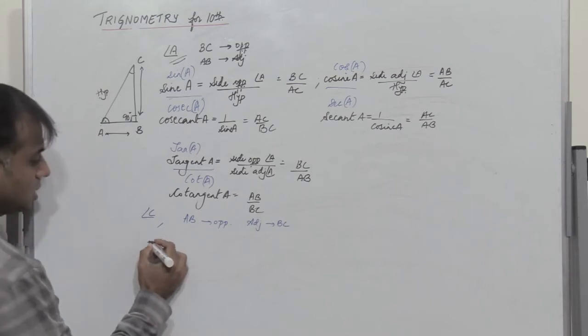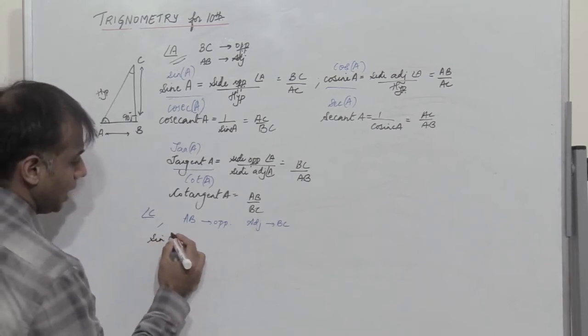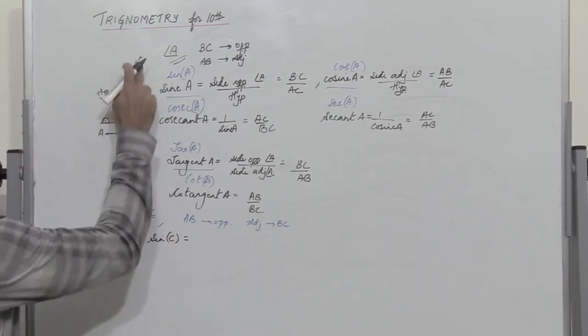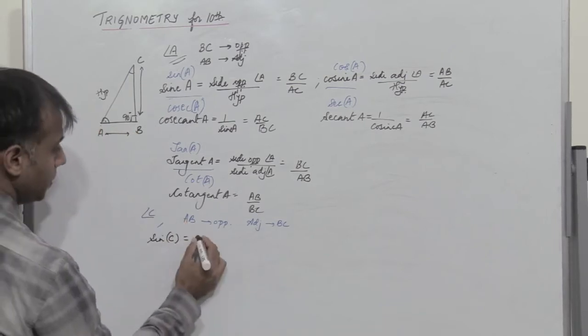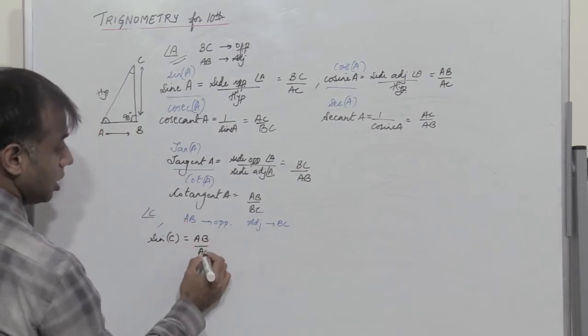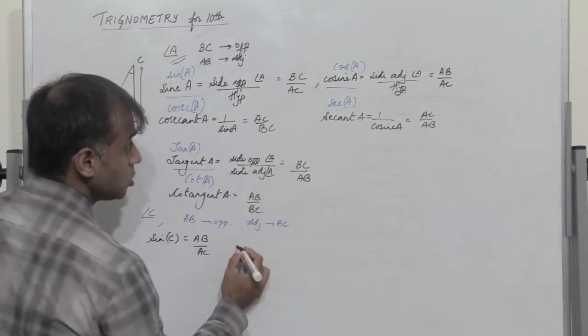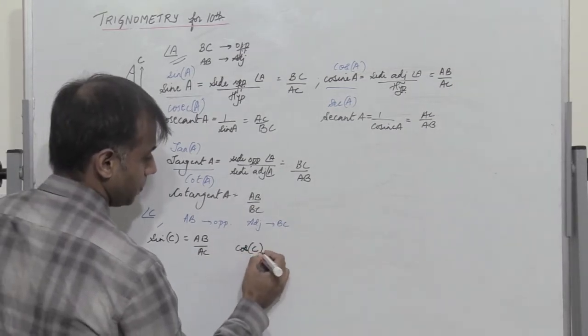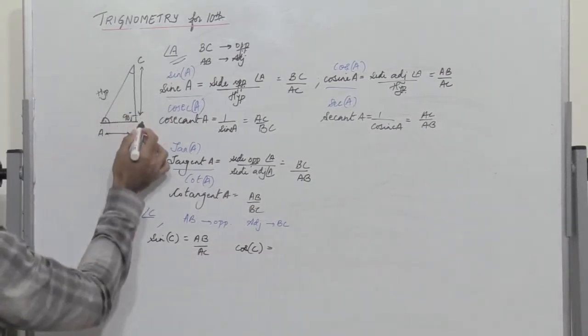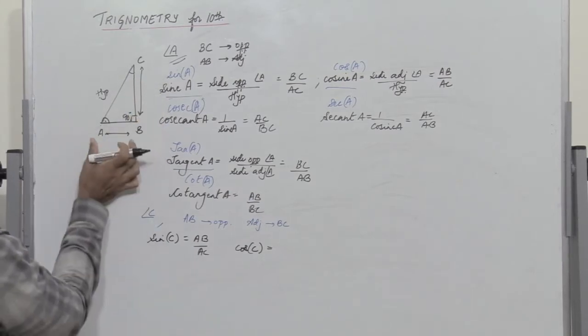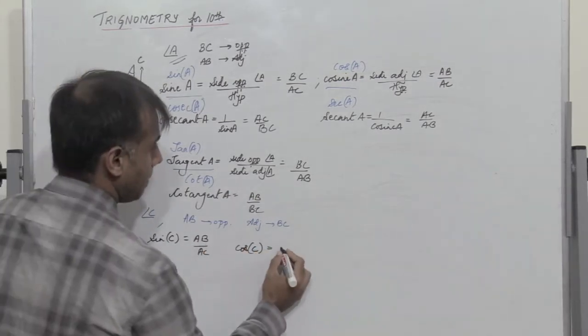So what is sine C? Sine of angle C is nothing but the opposite side, AB, divided by AC, which is the hypotenuse. What is cos C? It is the adjacent side, BC by AC.